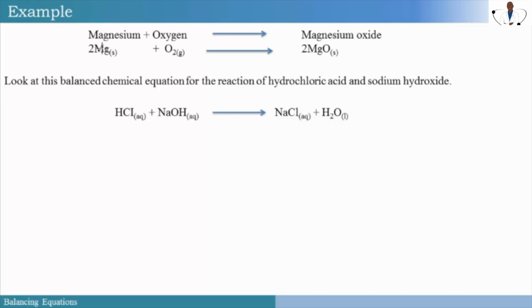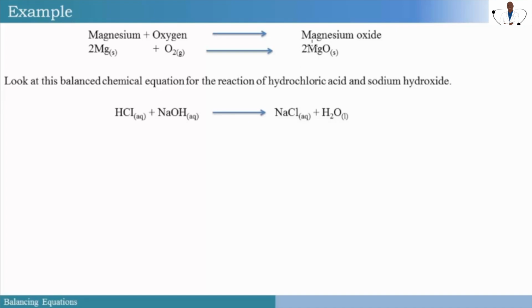You'll see that the magnesium will combine with the oxygen and they are rearranged to form the product. Now, we normally count the number of atoms on the left and count the number of atoms on the right, and they must be equal, and then we will have a balanced equation.